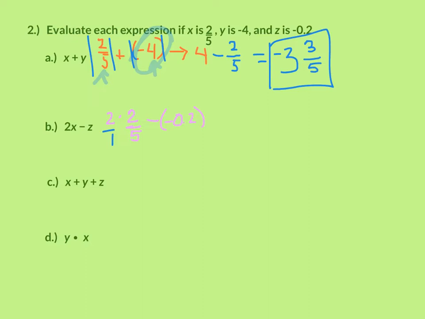2 times 2, of course, is 4. 1 times 5 is 5. See how we kept the top with the top and the bottom with the bottom. And now I know I'm subtracting negative 0.2, or negative 2/10.